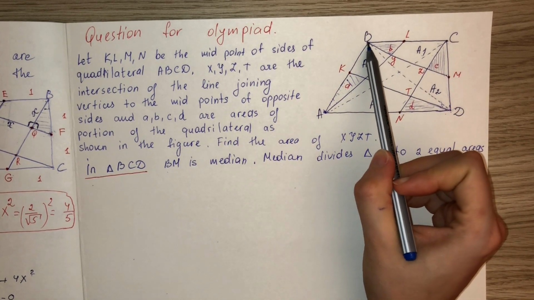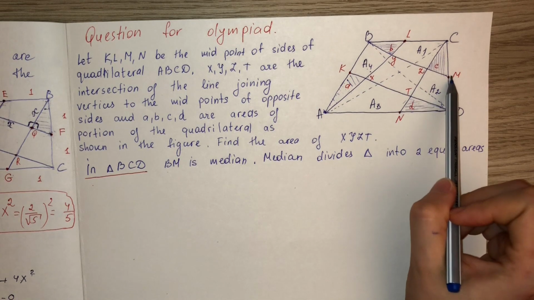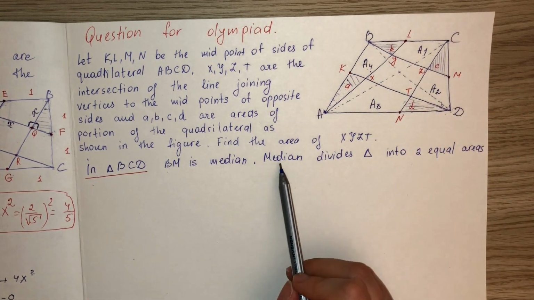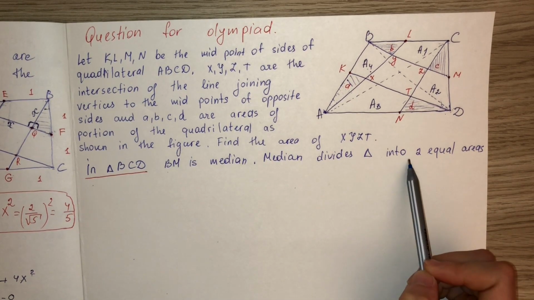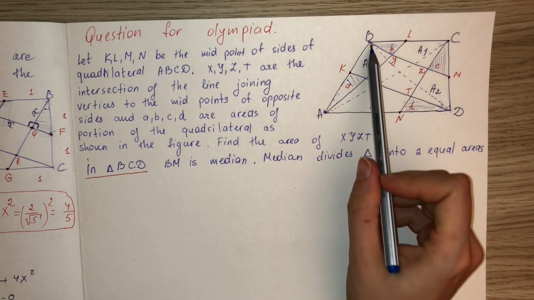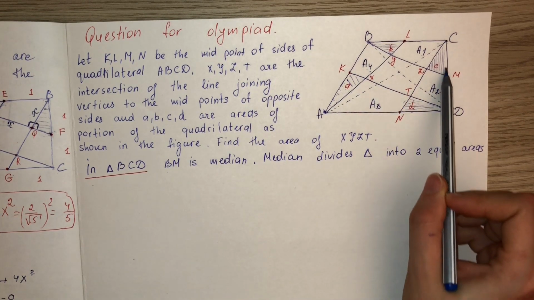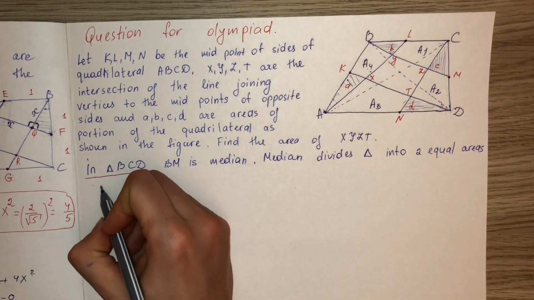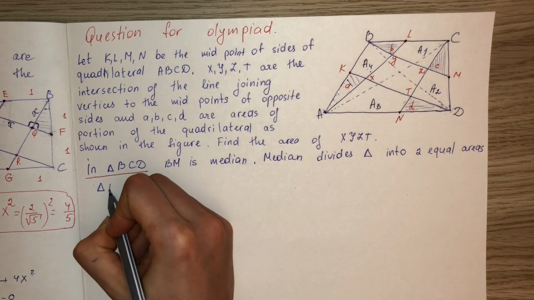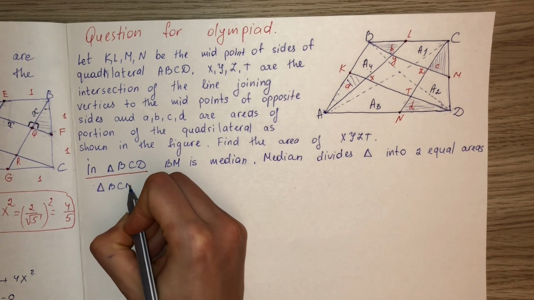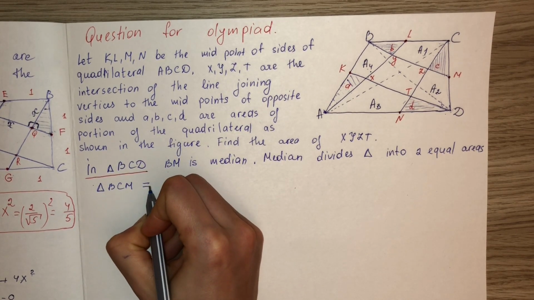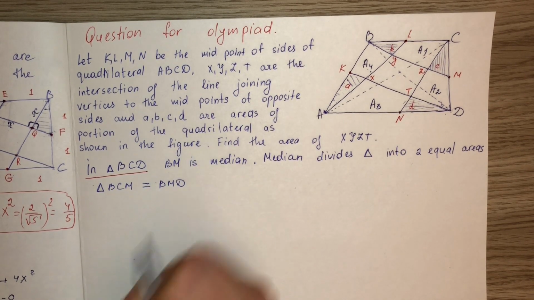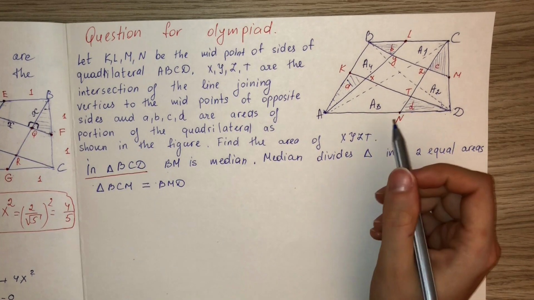If we join the vertex B with the point M, we get the median. And we know that a median divides a triangle into two equal areas. So in this triangle BCD, the area of BCM is equal to the area of BMD.